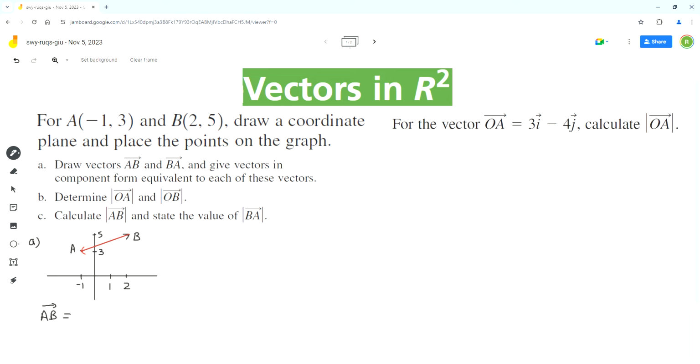So vector AB can be broken up into position vectors for A and B as, so we always do the position vector for the second letter in the vector minus the position vector for the first letter in the vector. And now we can write the position vectors for A and B, which will be the given points.